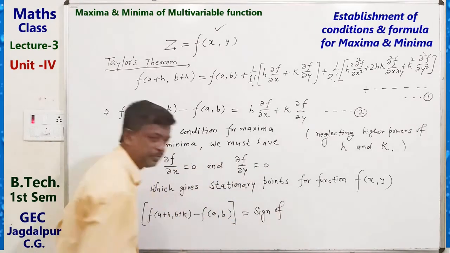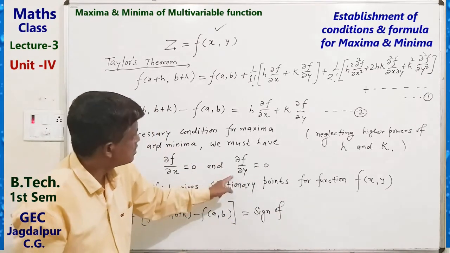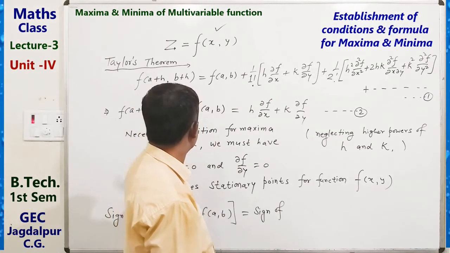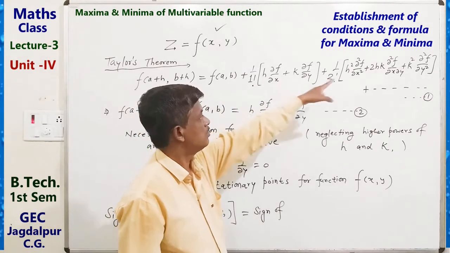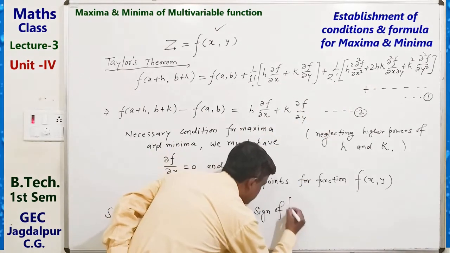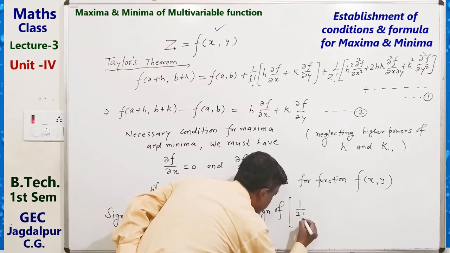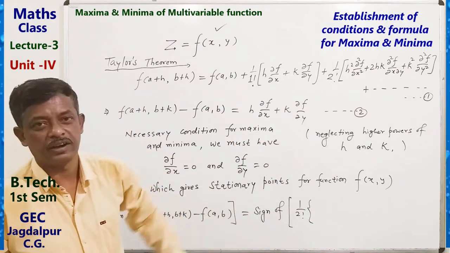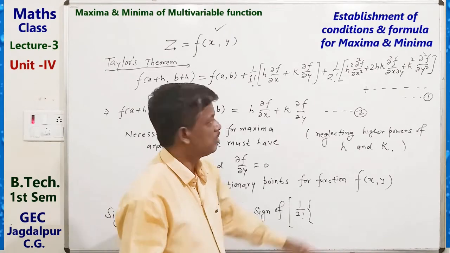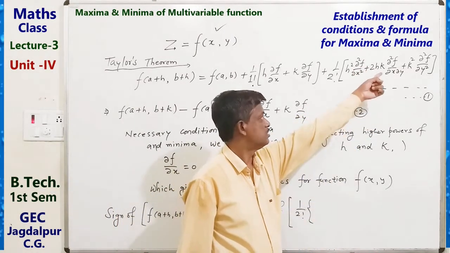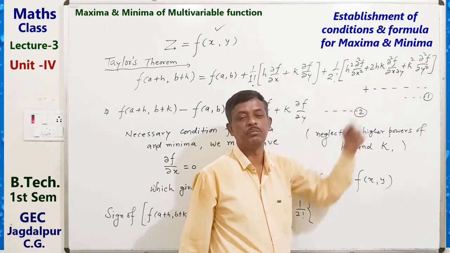is equal to the sign of, because these two quantities are 0, so this is 0, this is transferred to here. The second term, sign of 1 upon 2 factorial, and here the inner part, we are also denoting the second degree order derivatives by r, this by s, this by t.